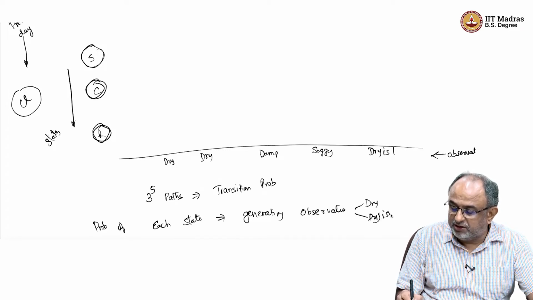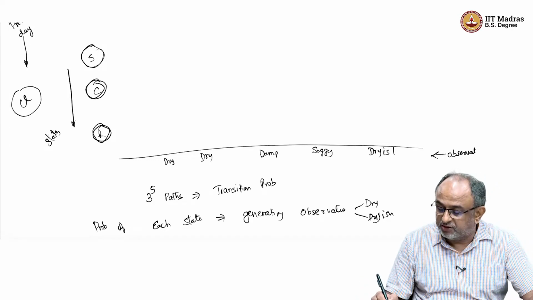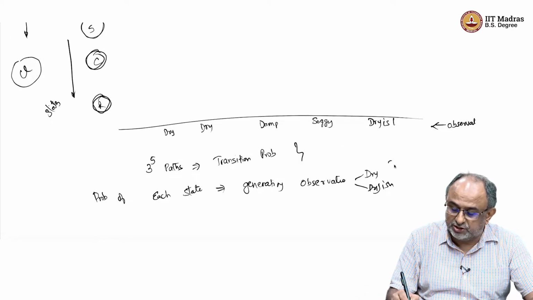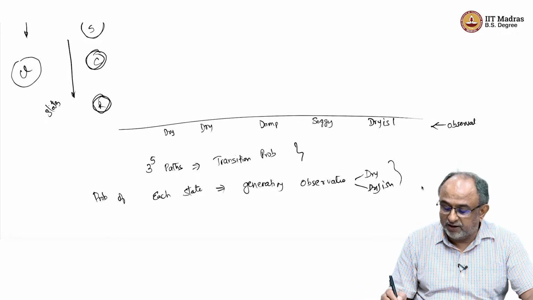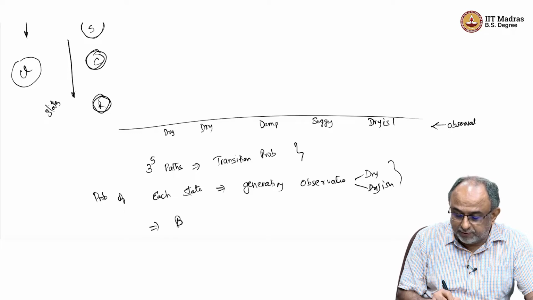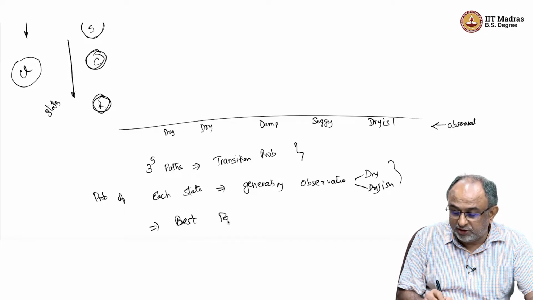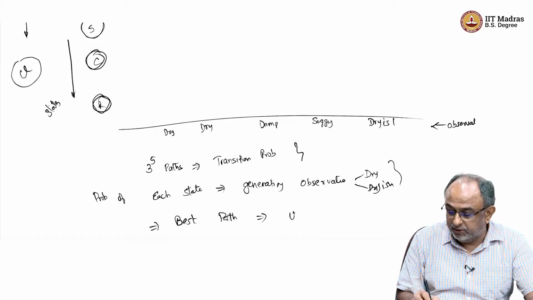So these are the kinds of things we need. Remember, we always talk about these 2, the observation probability and the transition probability, and together I can find the best path using the Viterbi algorithm.